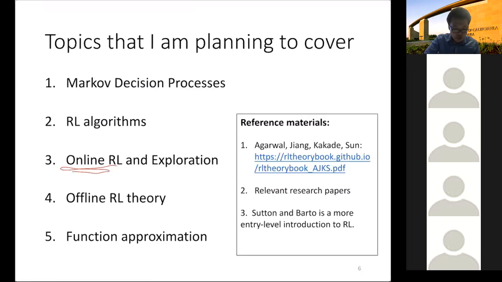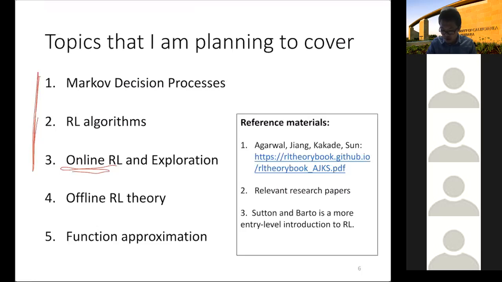Especially the first three sections of the course will be based on materials in this textbook. Some of the coverage will be slightly different, and maybe there are slight notational differences, but in general, I think it is the best theoretical reinforcement learning textbook that's out there.